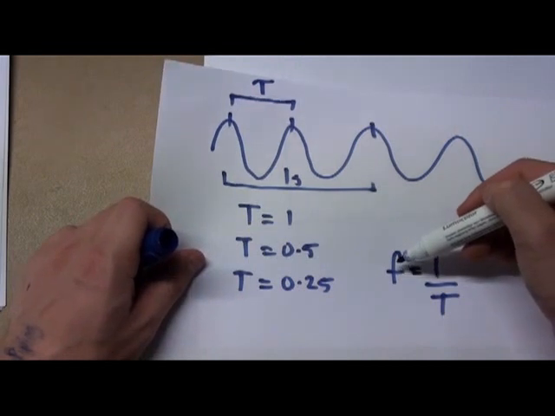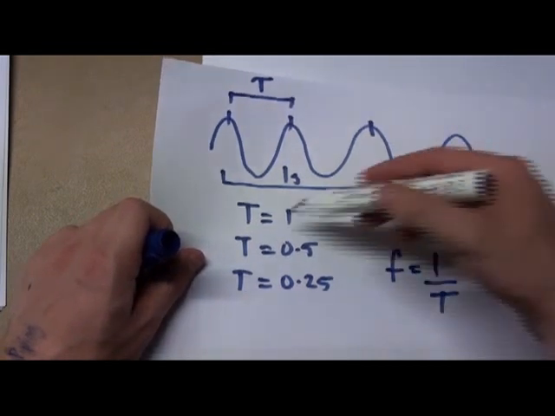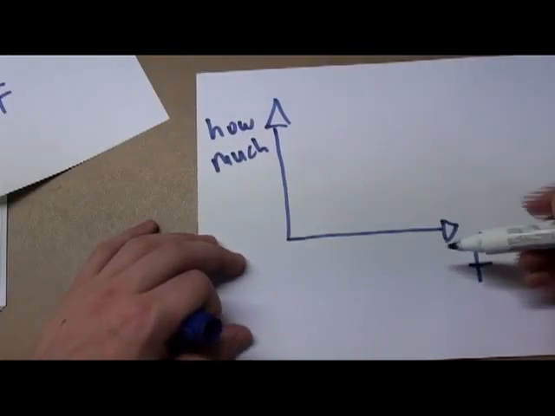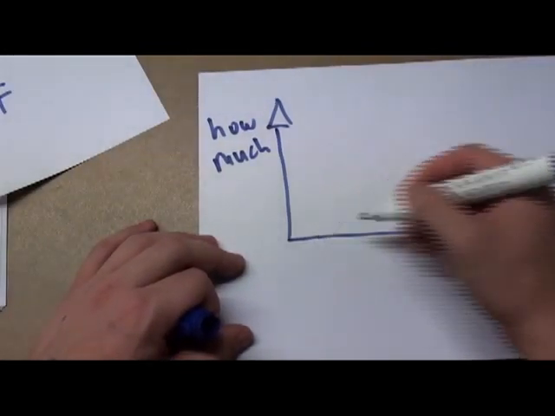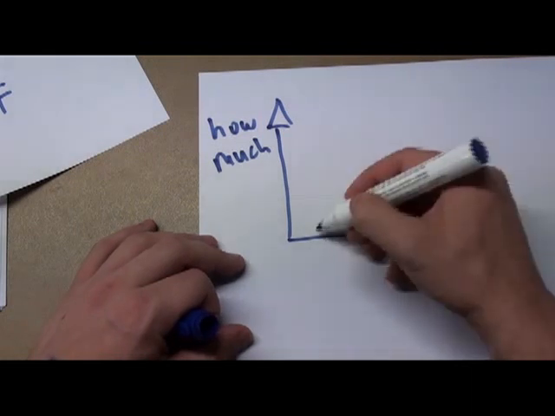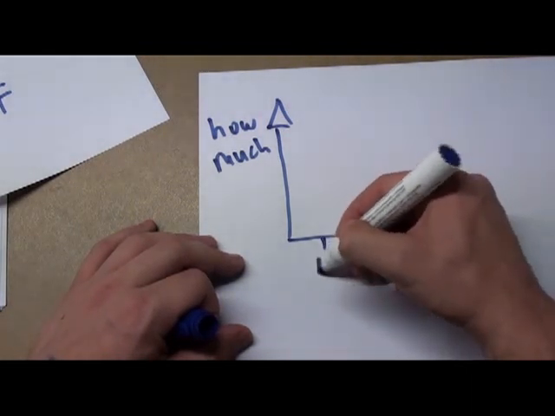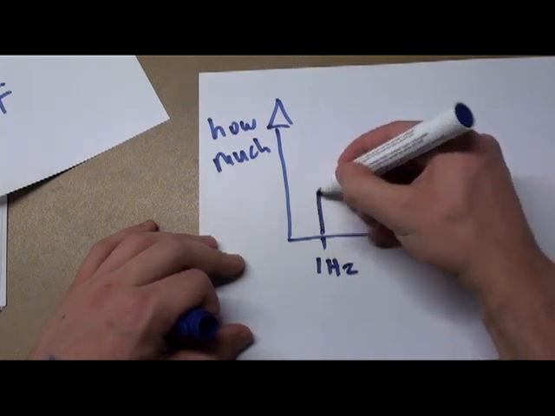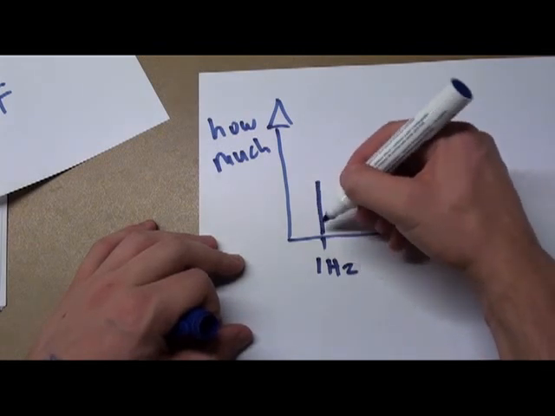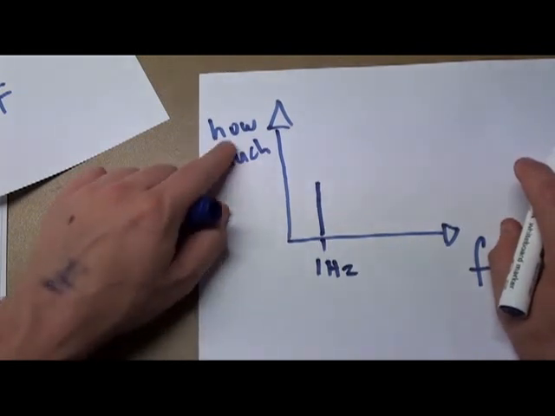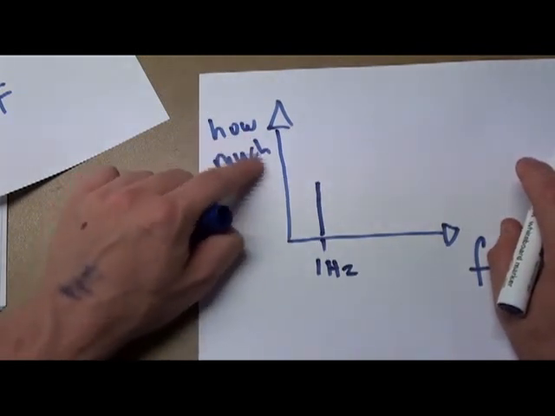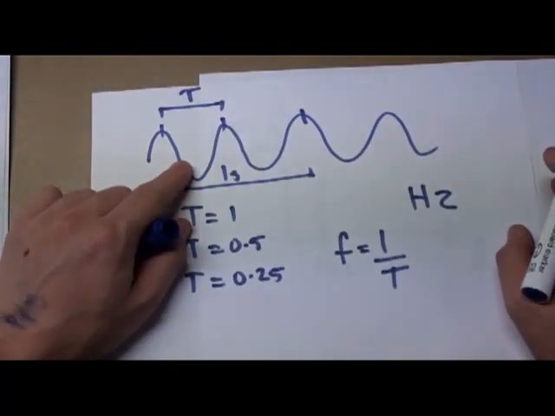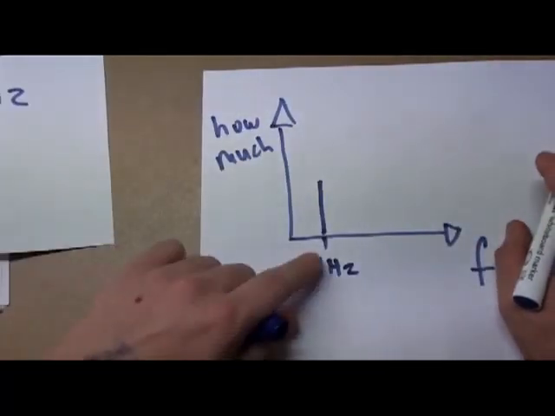So if our frequency was 1 hertz, then on this graph, if this was frequency, we'd have a mark at 1 Hertz, maybe a line there. So this is how much of this 1 Hertz sine wave we have.